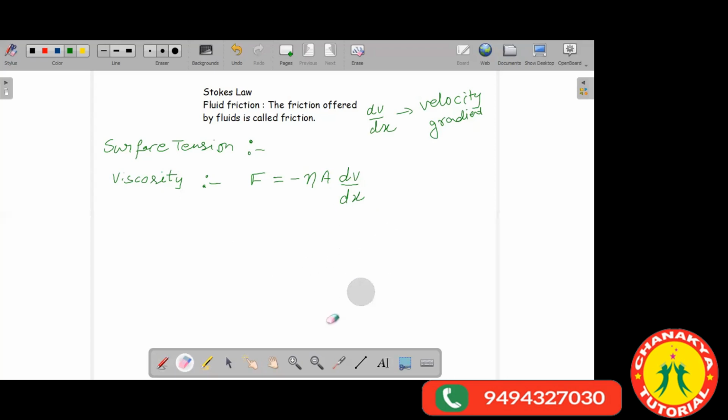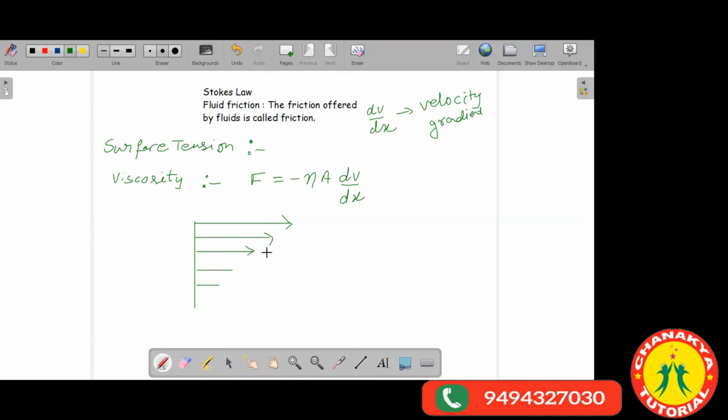For example, yesterday we did this. A fluid consists of a number of layers. If you observe these layers, the upper layer moves quickly and tries to move the bottom layer, and the bottom layer offers friction.